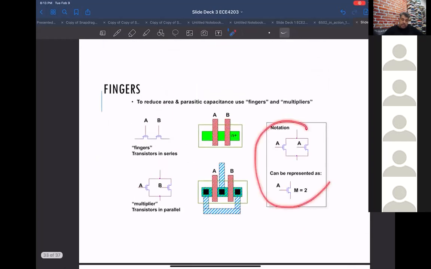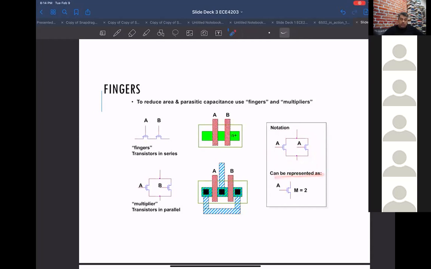This is another thing that will come up in SPICE simulations too. Let's say you want to have something twice as wide. So A goes to the gate, and both the sources and drains are connected. So this is completely two parallel transistors: same input, same drain, same source.